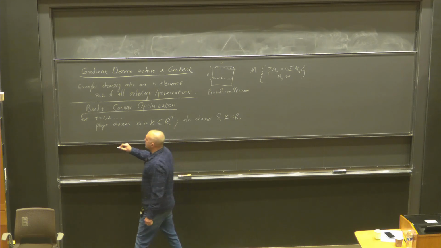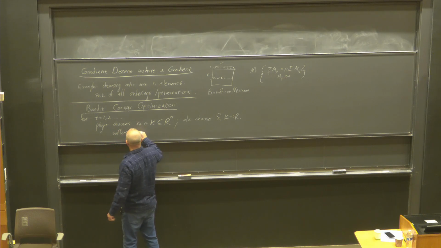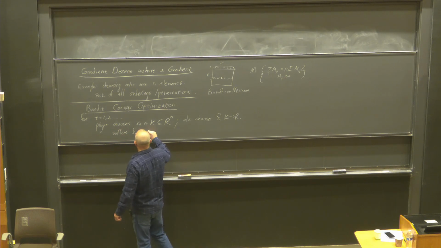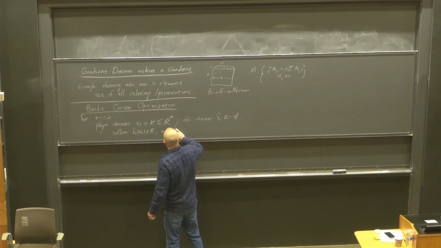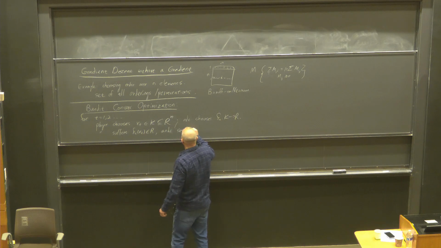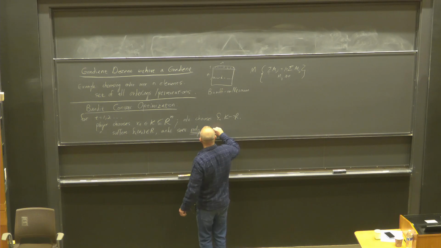And then the player suffers f_t(x_t) and sees only that loss.